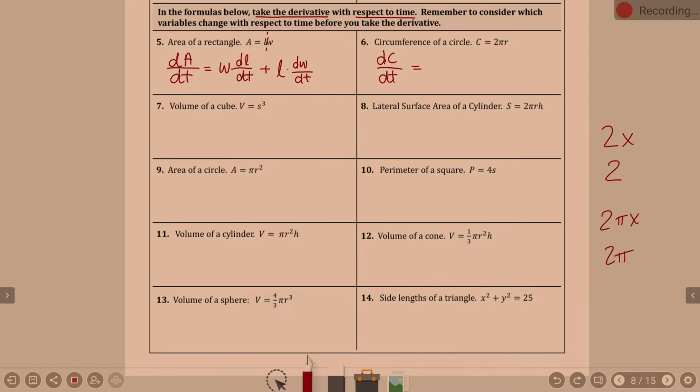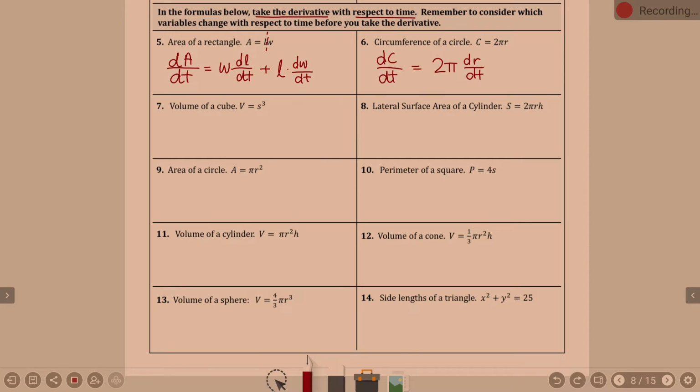So this is, subtract 1 from the exponent, multiply it out front, that type of thing. So what is the derivative of 2 pi r then? 2 pi dr/dt. Everything is with respect to t today. It says it in the instructions. So the derivative of 2 pi r is 2 pi times the derivative of r with respect to time. Okay? Let's try volume of a cube.